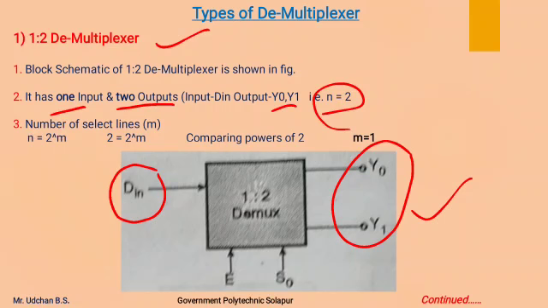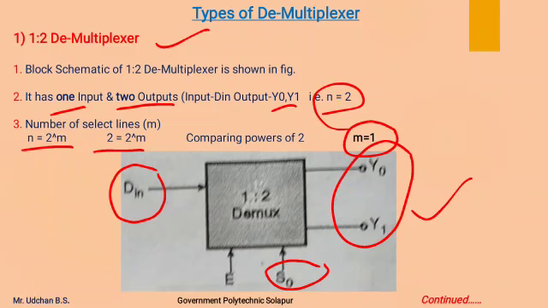Now, based on the number of output lines, we can find the number of select lines using this formula, as we discussed in the previous slide. So we get m as 1 for this 1:2 demultiplexer, that is, a select line named S0.